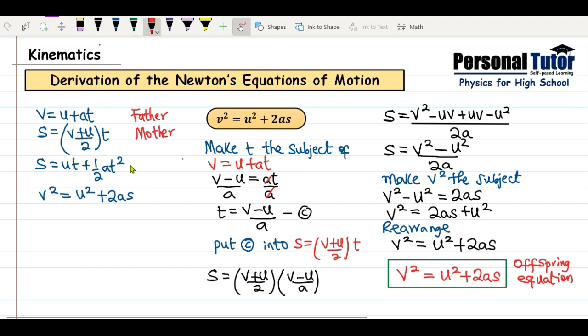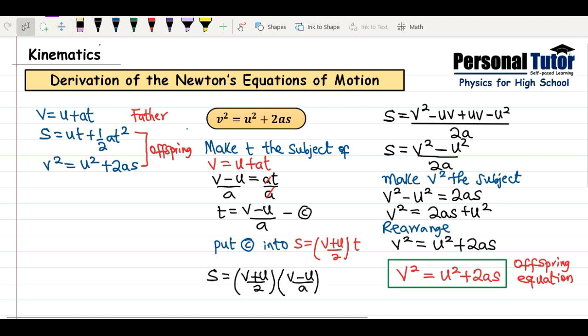So don't forget that these are the offsprings, and that is the father equation. It is the mother equation which did not form part of it. And when erased, we are left with these three equations. Take note of it, stick to it, and learn it very well. Thank you very much.